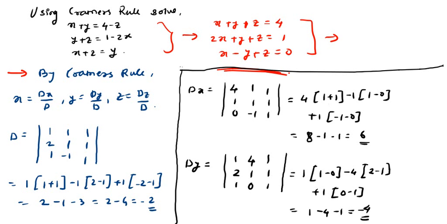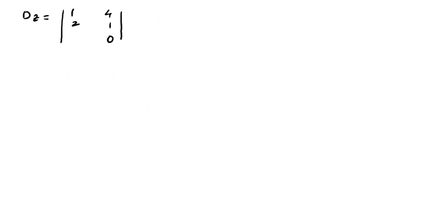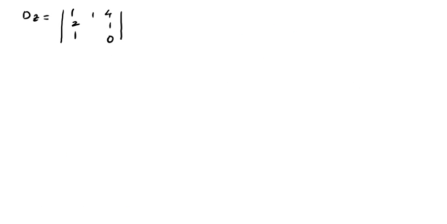In a similar way we can calculate dz. Again, instead of the coefficients of z we will write the constants d1, d2, d3, which are 4, 1 and 0. So write it here 4 1 0, and the remaining terms will be as they are: 1 1 2 1 and 1 1 minus 1 1 1 minus 1.